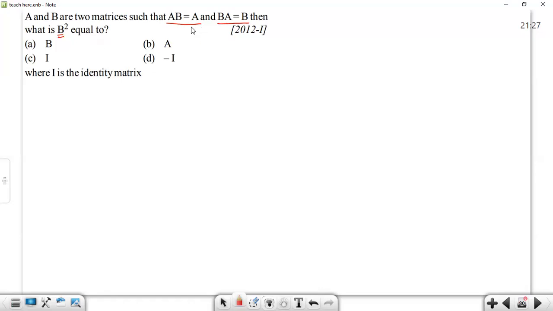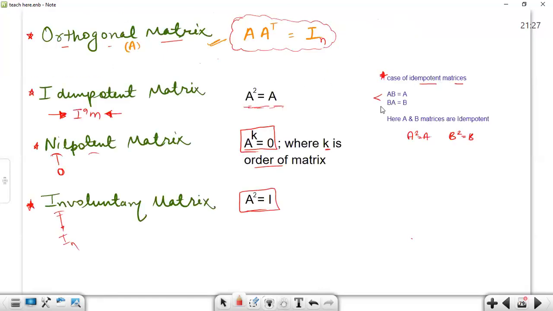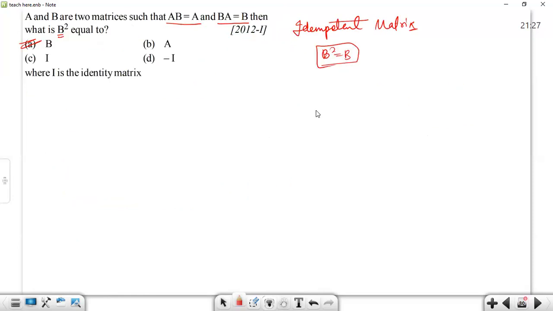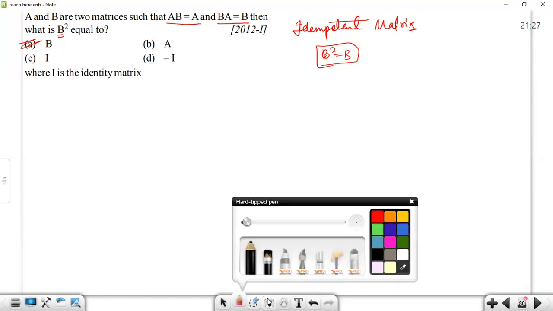Now we know when such conditions are true, then they are idempotent matrices, both A and B. So B square will be equal to B. We have just discussed this here, right? Anyways, but still, let's solve it using one more method.